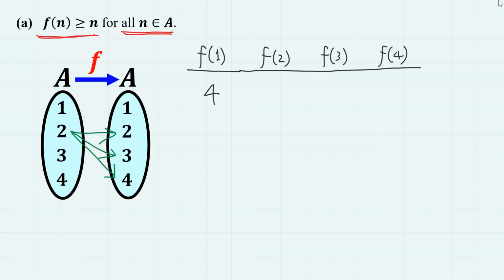Next, f(2) can be either 2, 3, or 4, so we have 3 possible candidates for f(2). And obviously, f(3) can be either 3 or 4, so there are 2 possible values. And f(4) can be only 4, so there is only 1 possible value. Therefore, the total number of possible functions is 4 times 3 times 2 times 1, which is 24.